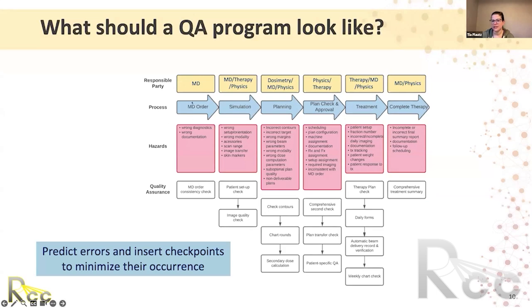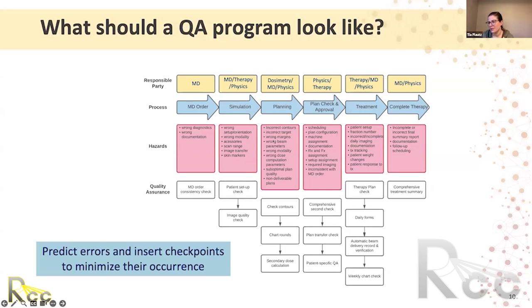That would be our radiation oncology process, which goes from the physician order all the way through the treatment and the completion of therapy. The idea is that you would map out your process, and at each point in the process, think about all of the potential hazards or the potential errors that could occur at each point in that process.